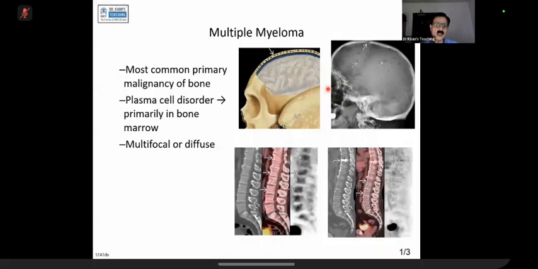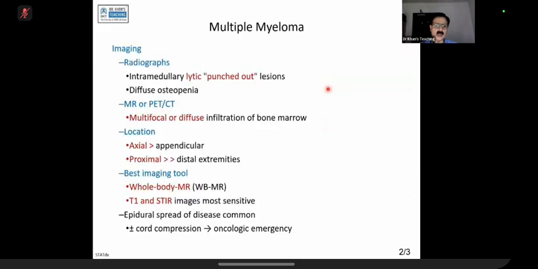Now here comes, multiple myeloma is the most common primary bone tumor. Remember this. And it can be multifocal, it can be diffuse. Now the imaging, this is what I was talking about, that bone scan is not sensitive for multiple myeloma.